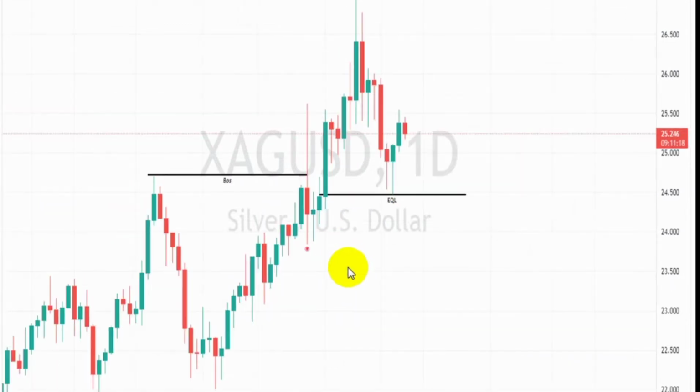Now going down further to the daily time frame. This is that weekly break of structure, and as you can see, we have a swing low down here which has sell side liquidity resting below it. This is the weekly equilibrium of the total weekly range, the equilibrium that price bounced up from.